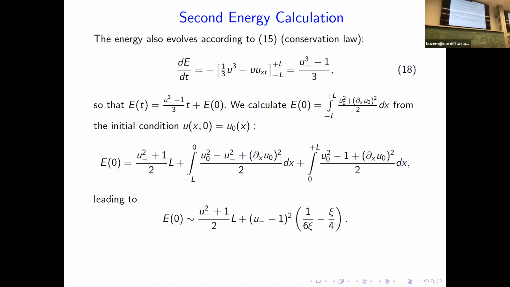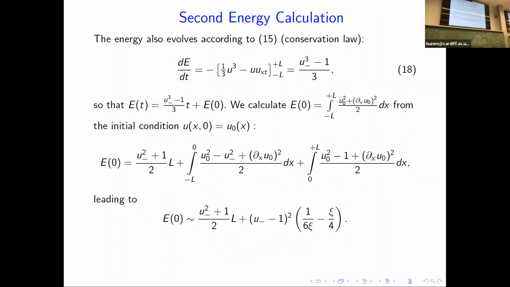All right, so we also have this evolution equation written at the top, and we can evaluate what these two limits are at plus L and minus L. Right, we get a 0 contribution from the solitary wave, and then we get U minus cubed over 3 beyond the solitary wave, and then 1 beyond the rarefaction wave.